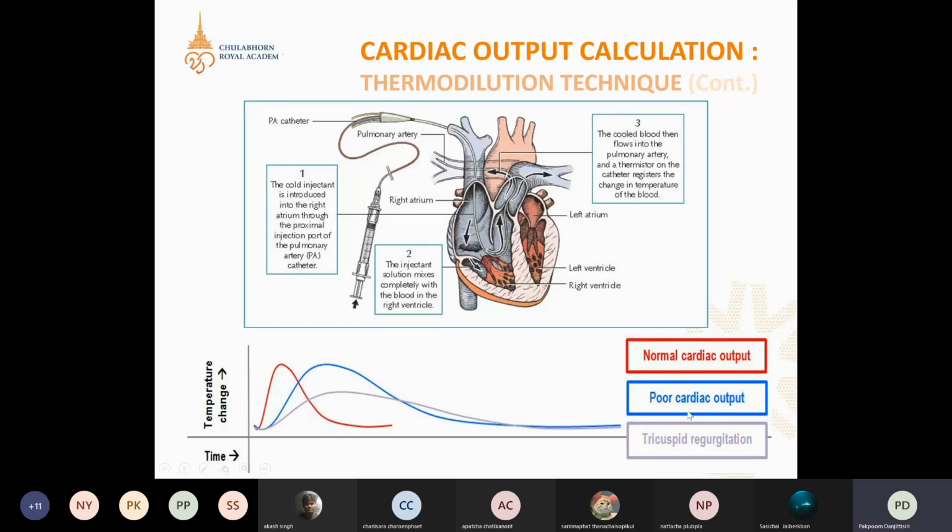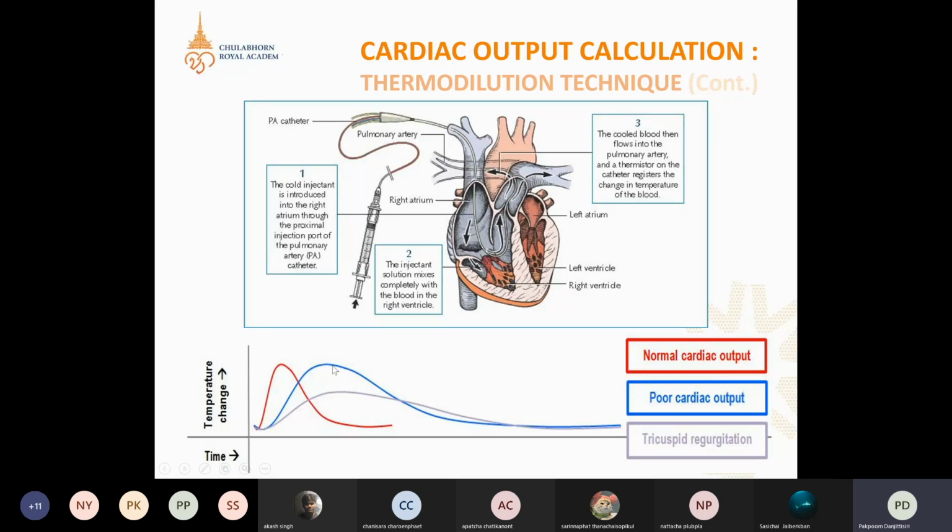But about poor cardiac output, let's say the RV function is not that good. The whole blood still goes through the pulmonary artery and then to the tip of the catheter.